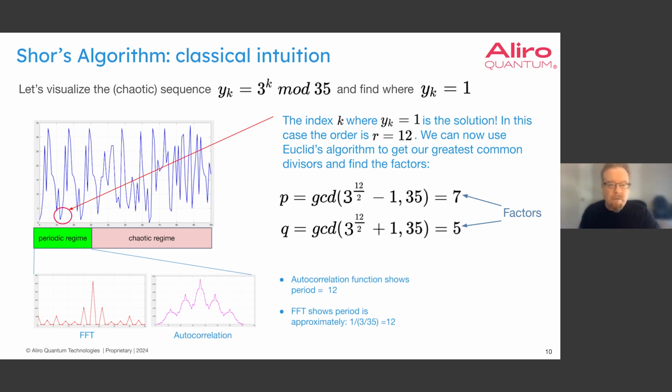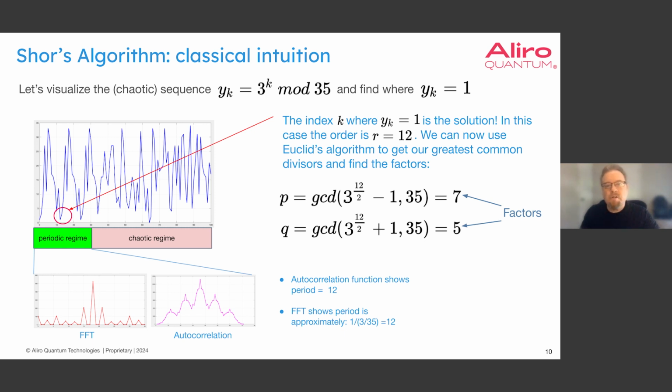So before we go into Shor's algorithm, the way we do this with a quantum algorithm, I want to give a little bit of intuition for what we're trying to do. I've taken a simple case here, a time series constructed of computing a modular exponentiation, where my a value is 3 and my n value is 35.